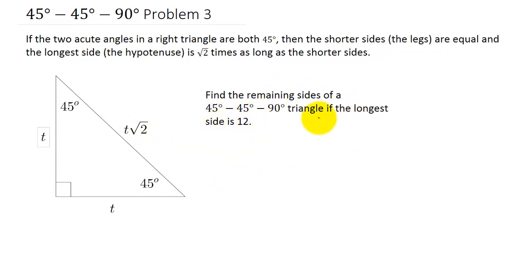Find the remaining sides of a 45, 45, 90 triangle if the longest side is 12. Once again they're giving us the length of the side opposite the 90-degree angle. So let's draw us a triangle. This is 45, this is 45, and there's 90.